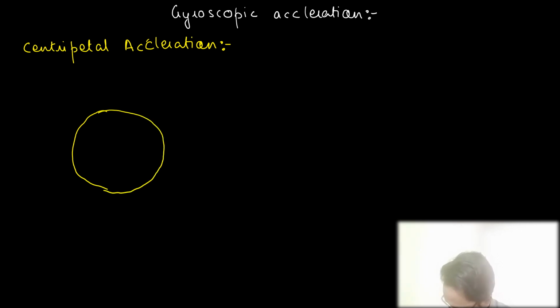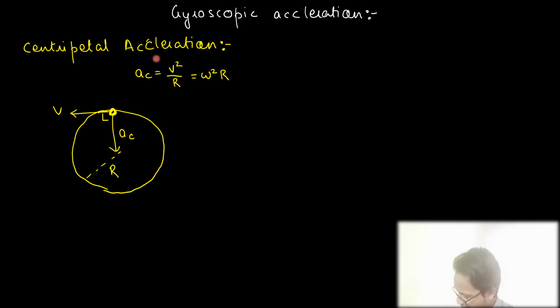Suppose a particle is moving with velocity v. It has a centripetal acceleration that is always normal to the velocity, given by v square by r or omega square r, where r is the radius of the circular orbit. Fair and fine. The problem with this formula is that centripetal acceleration is a vector quantity, and neither of these expressions denotes a vector quantity.